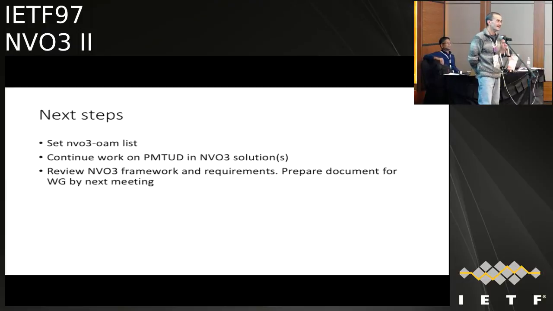Basically, what I've got to say here is that before the meeting, there was an agenda that outlined some scenarios that might be discussed in regard to path MTU discovery, and one of them is heterogeneous tunnels, data plane.